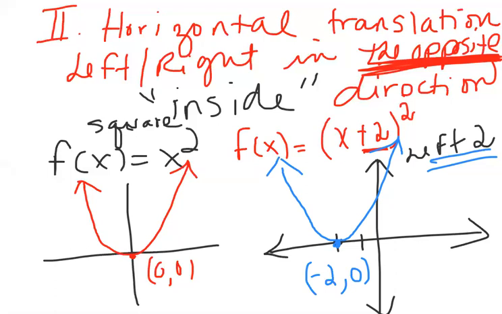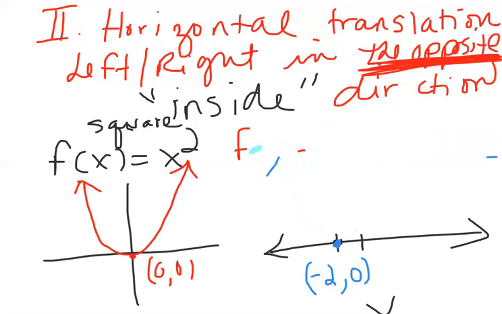So if I take -2, plug it back in here, -2 plus 2 is 0. 0 squared gives me 0. It has to make sense. So that is why we're doing the opposite. If we were to do a +2, 2 plus 2 would give me 4, as in 2, 4. That's not on the x-axis. That wouldn't make any sense. That's why you do the opposite. Okay, guys? So here comes another example.